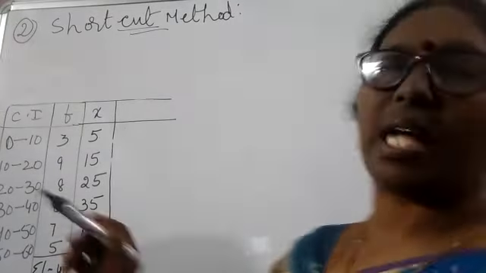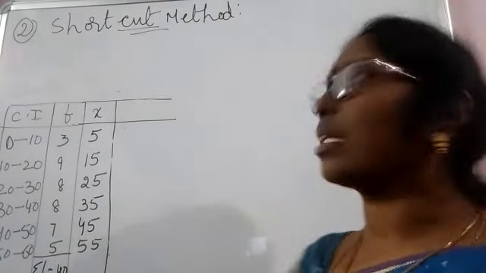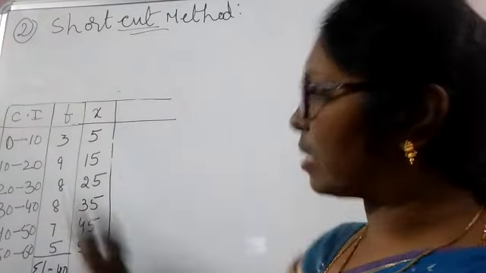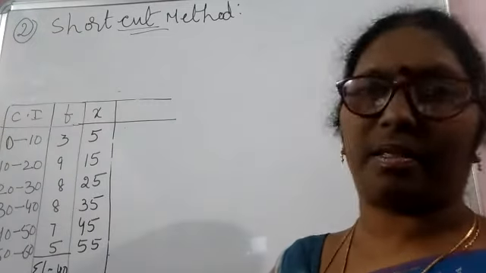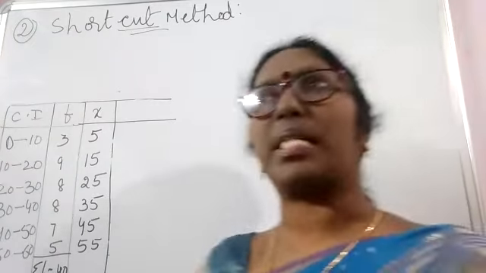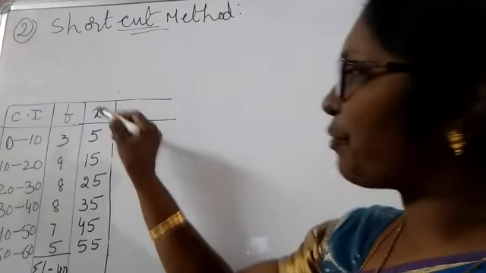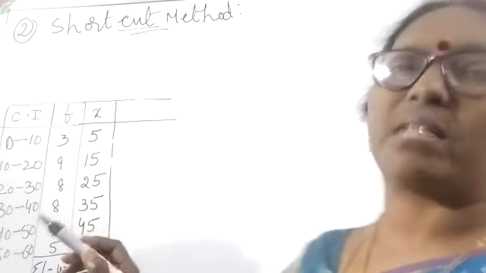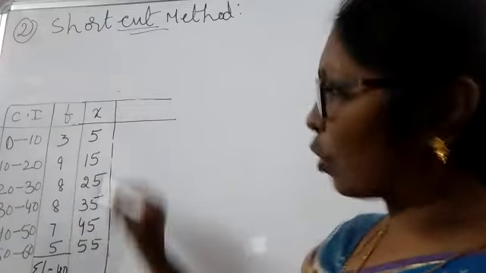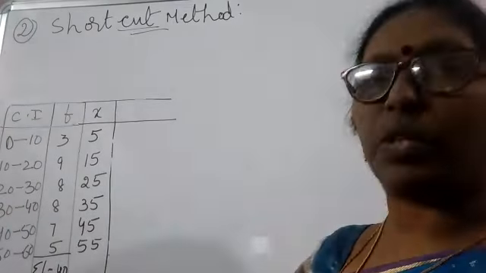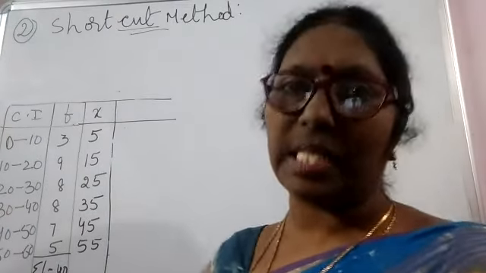Assumed mean can be any of these class marks or any other numerical between these 0 to 60 you can take. But it is convenient for us and it will be easier for us if you take one of these as assumed mean.